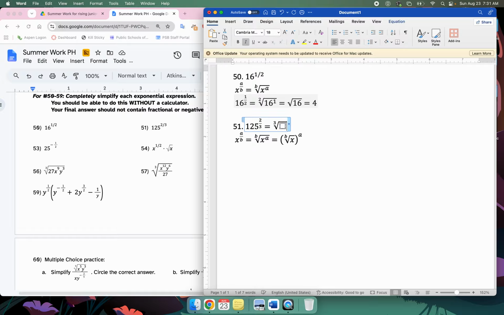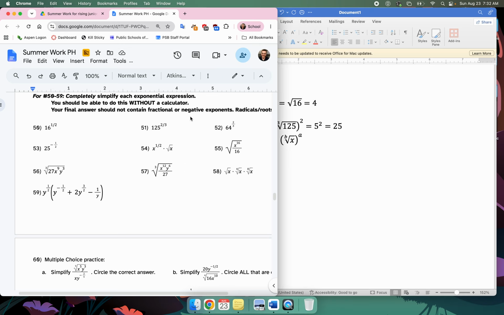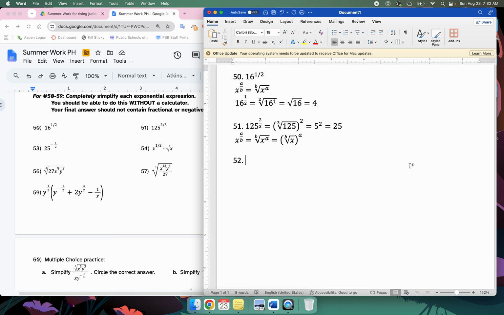On the other hand, if you start by taking the third root, you're going to get a much smaller number, and then when you square it afterwards, that's going to be a lot easier. So let's take the cube root first and square afterwards. Cube root of 125 is actually just 5, and then 5 squared is 25. Voila.